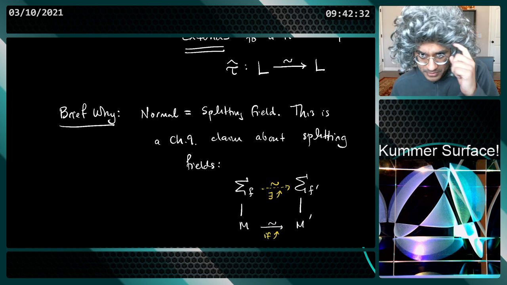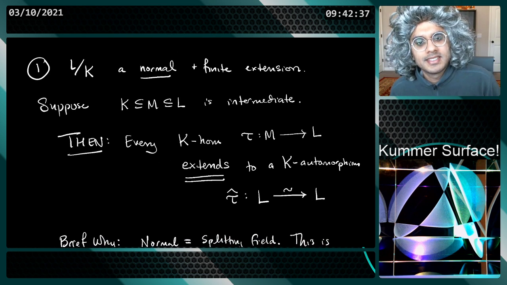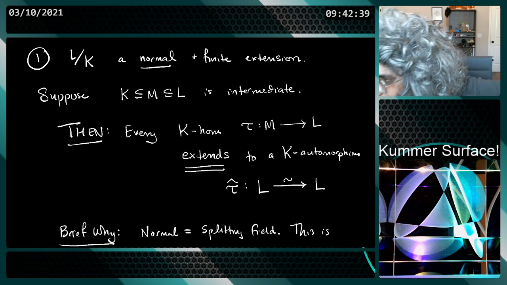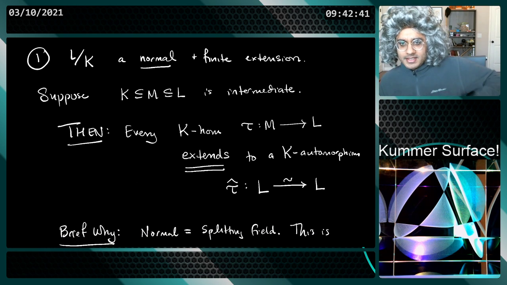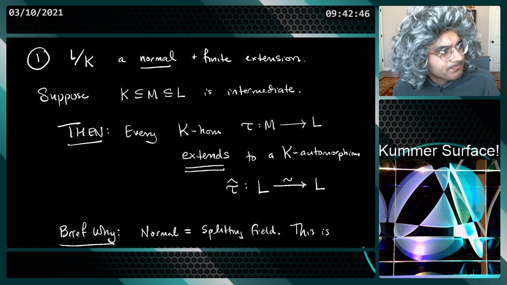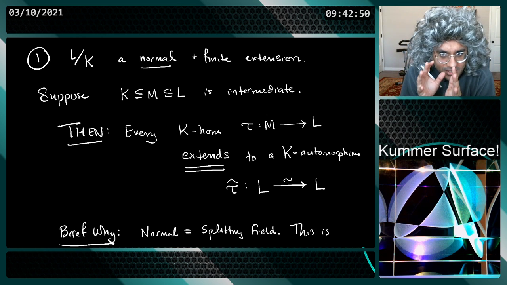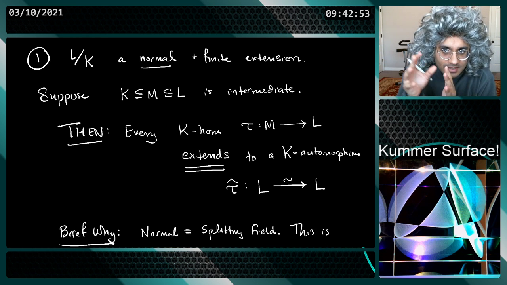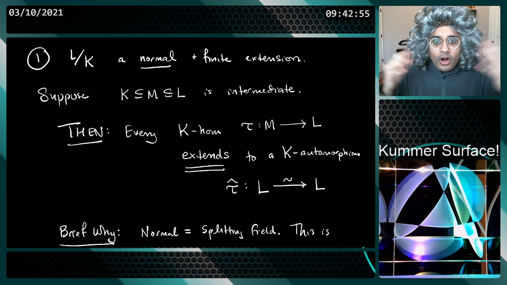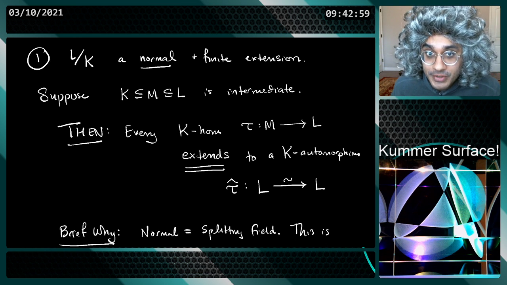I'm just drawing a diagram to jog your memory of the splitting field fact, but that's all that this is reminding you of, with M being the small field in that last statement. Okay? So embeddings of the middle field into the large field L are all actually restrictions of automorphisms of the large field. That's powerful. Those kinds of things are very good to know.